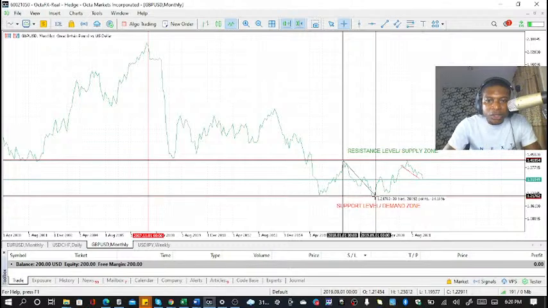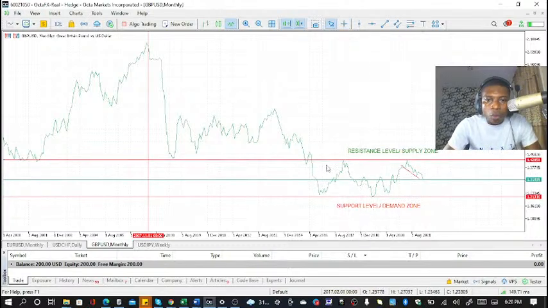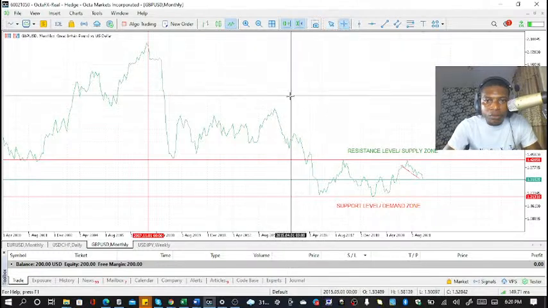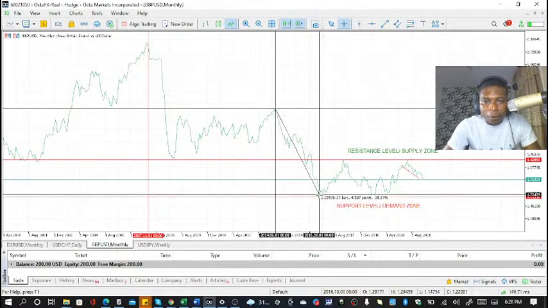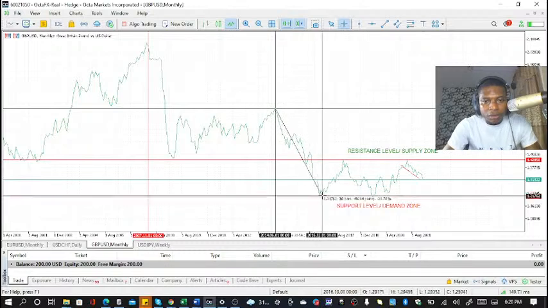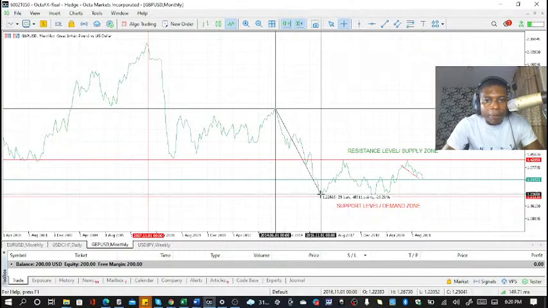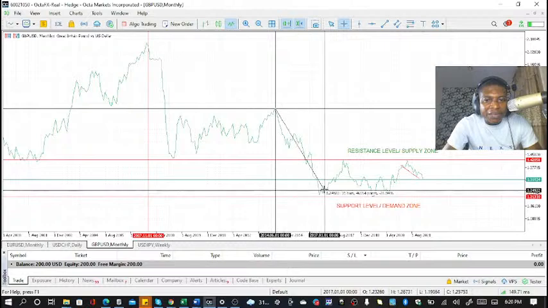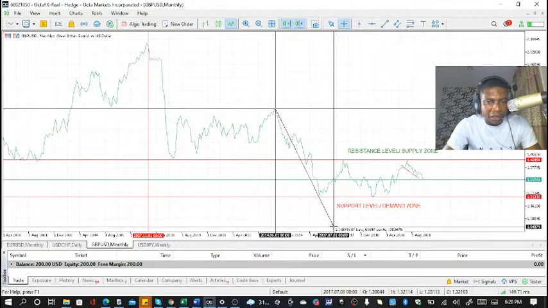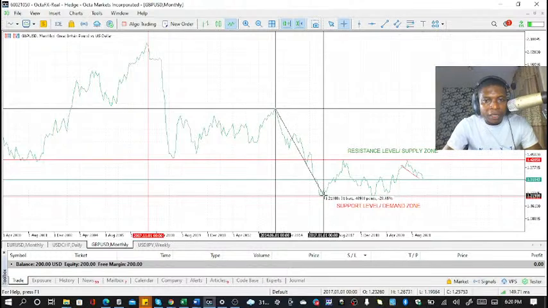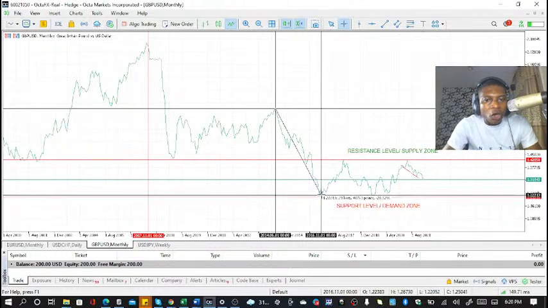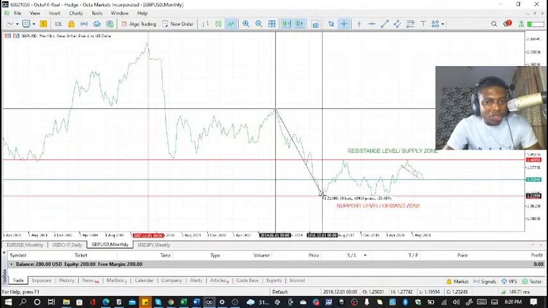Now, you see that when the price came from this level down to this level, this zone rejected it. That's a support zone. It prevented the price from falling further, and this zone became a support zone for this level. Then this support level is called demand zone.